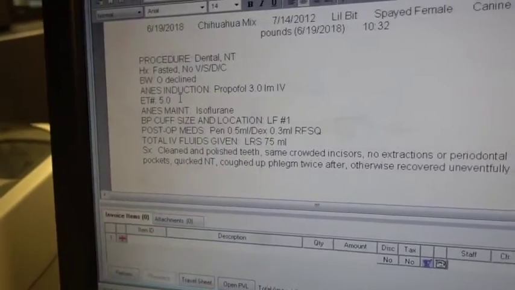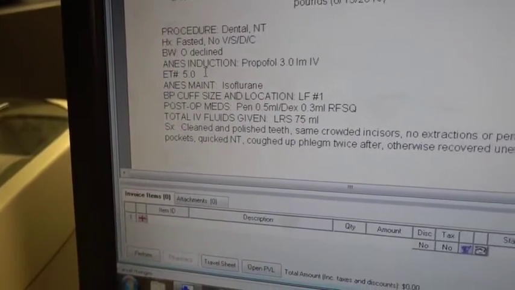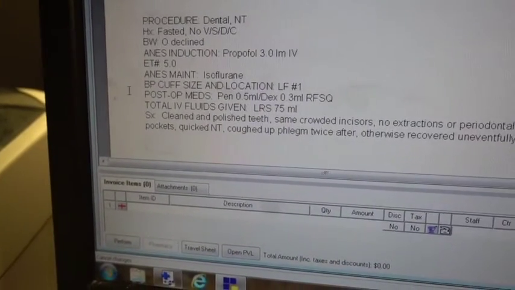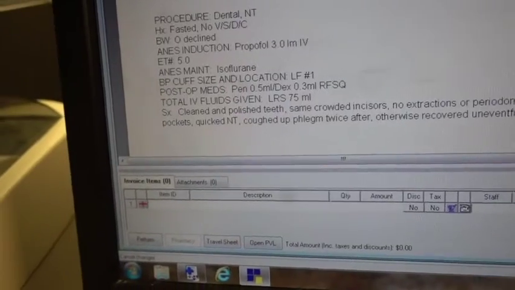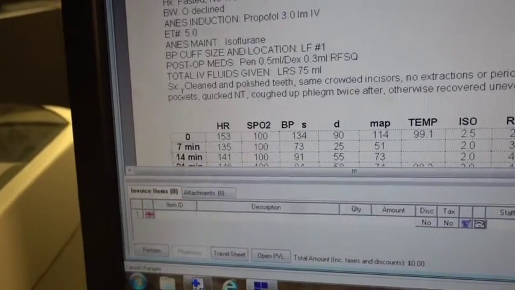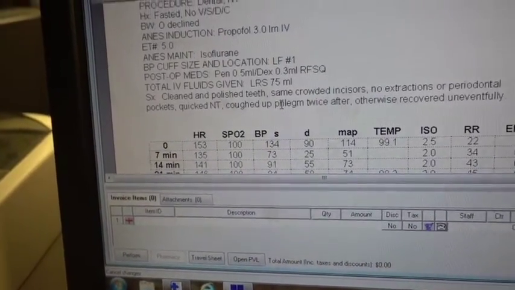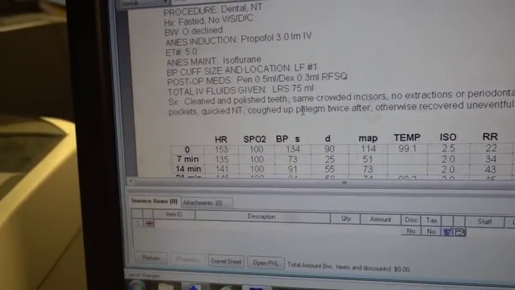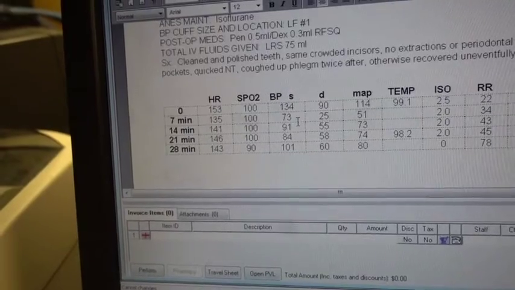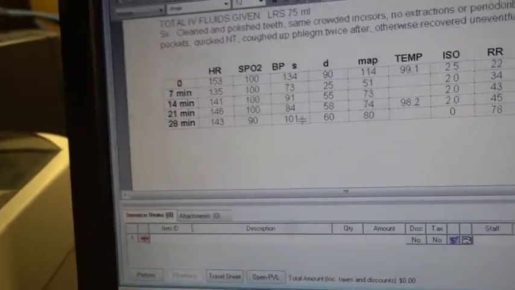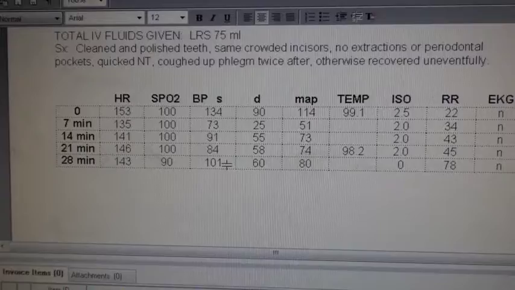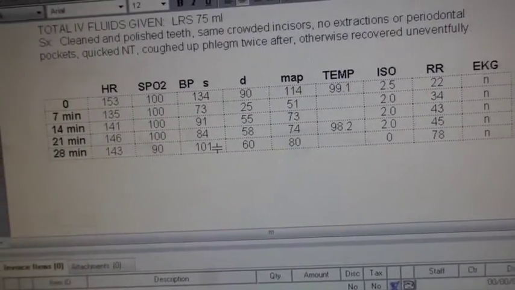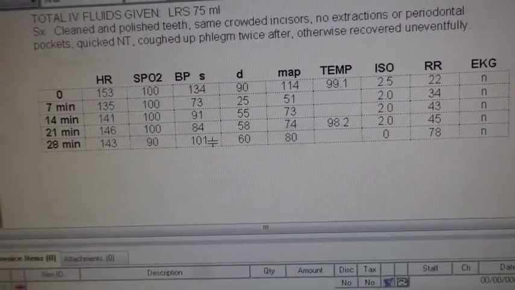We have our endotracheal tube number, what size we used, where we placed our blood pressure, any post-op medications we gave, and total IV fluids that we gave. And then the doctor will usually type under the surgery section for a dental procedure, any kind of surgery, what we did and how he did it. And then this is where we keep track of all of our vitals during the entire surgery procedure.